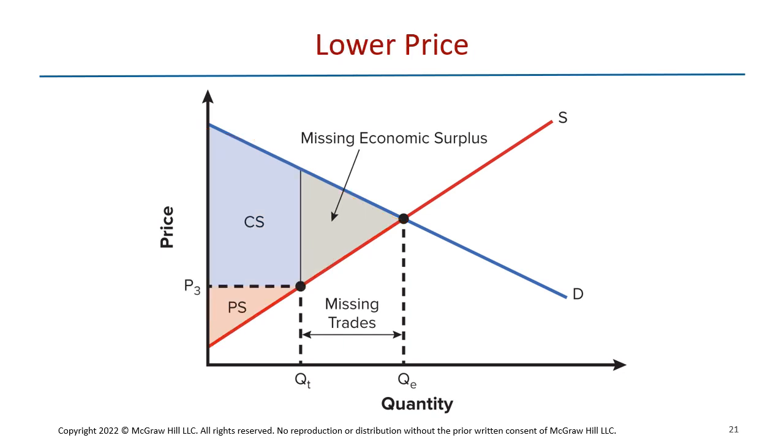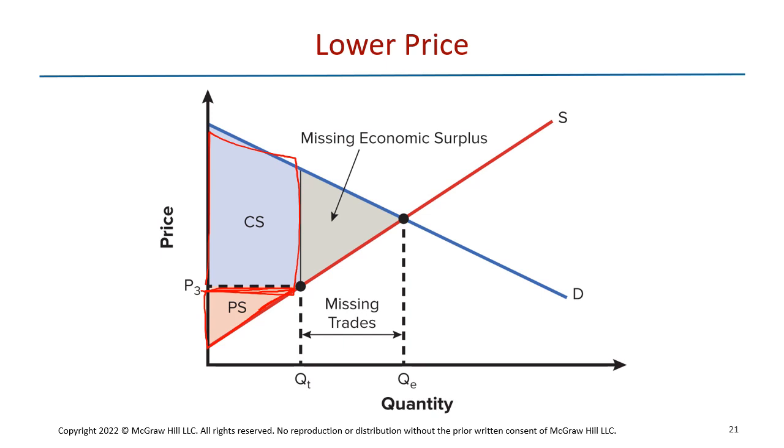When prices go lower than what equilibrium says they should be, then producers are going to take a larger hit. Now their triangle is much smaller, and this area here is the new consumer surplus, which is still much less than it originally was, or if you could put numbers to it, we could find out.